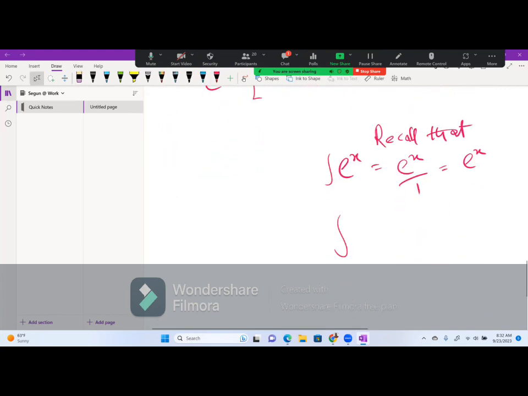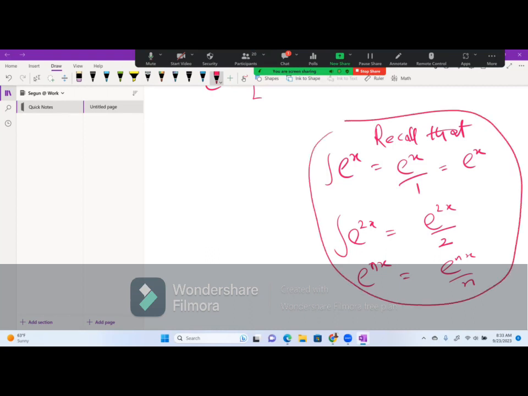But when you are integrating exponential 2x, you have exponential 2x over 2. If you are integrating exponential nx, you have exponential nx over n. Please take note of that. Go and check your notes. They are there. Okay, let's proceed.